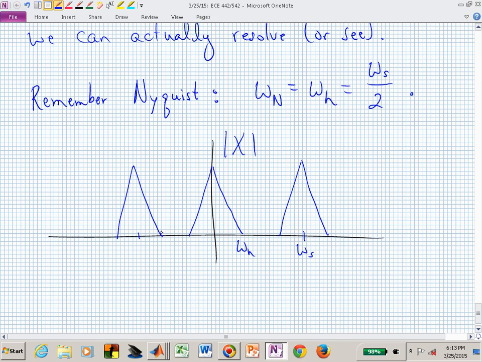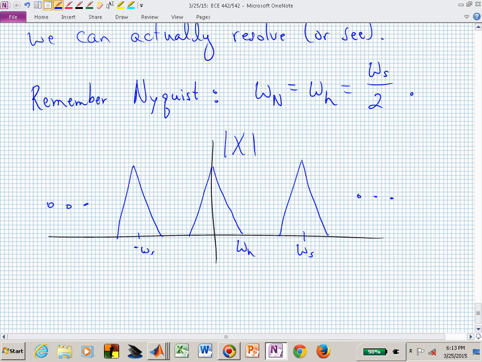And don't hold me to this diagram in terms of accuracy, but I just need the form. Now we have all these little triangles at every omega sub s, 2 omega sub s, 3 omega sub s. That's what happens when we sample.